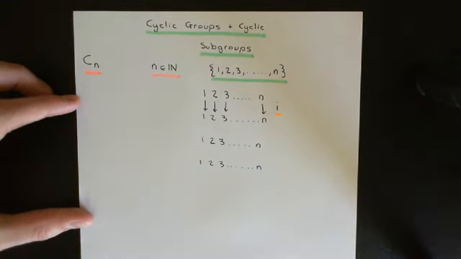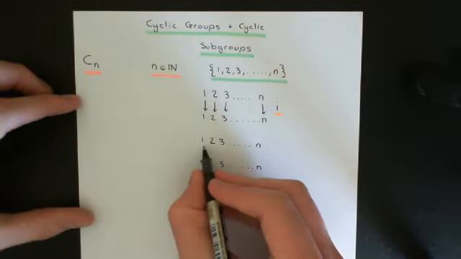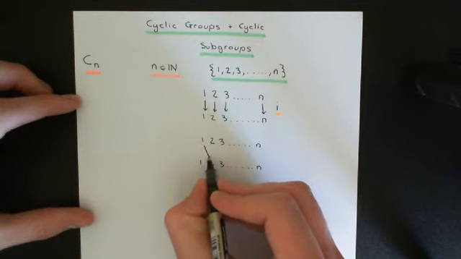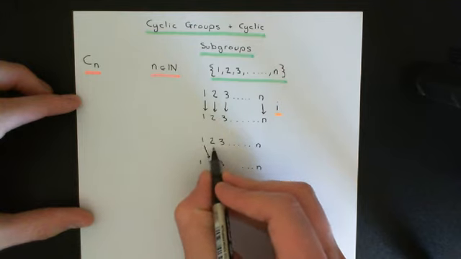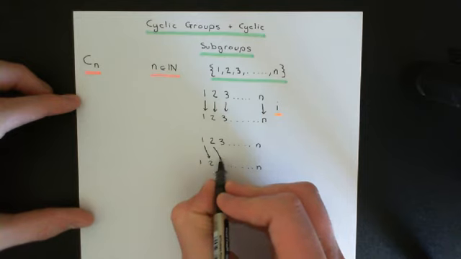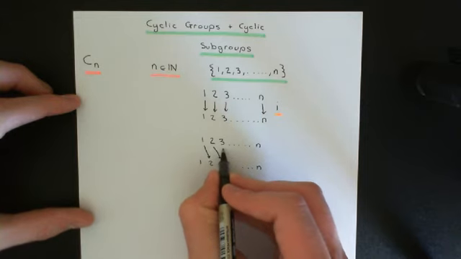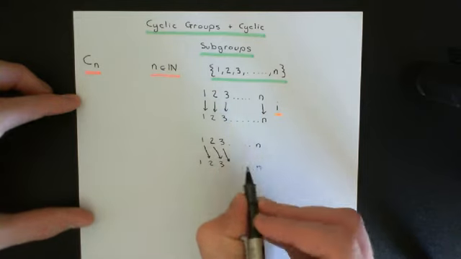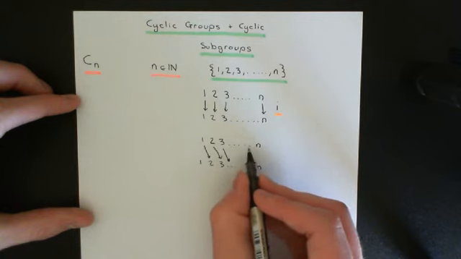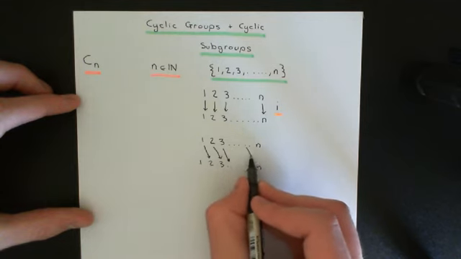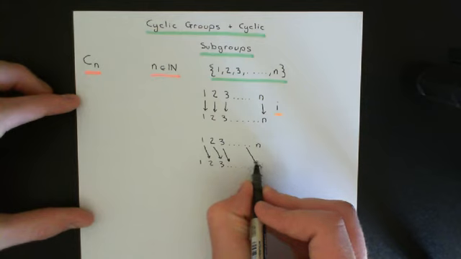Now let's think about the cyclic set permutation where we're going to move all of the symbols along by 1. So 1 will therefore go to 2, so we've moved 1 along by 1. 2 will go to 3, we've moved 2 along by 1. 3 will go on to 4, and so on, all the way up until we get to little n minus 1, going on to little n, and then we've got a problem.